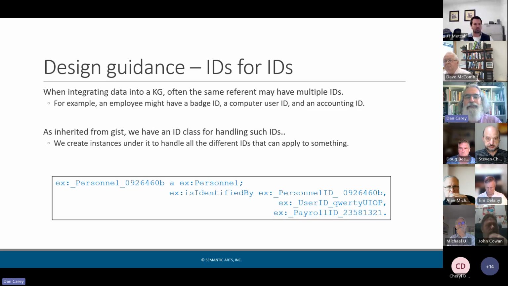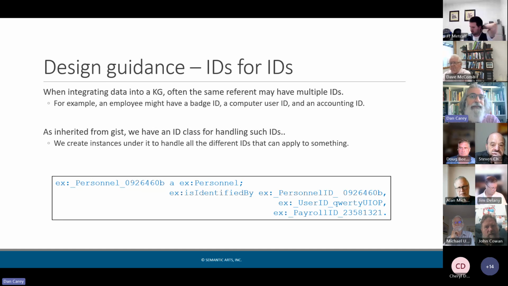So in this example here, this employee is identified by these three different identifiers, and then within the knowledge graph we would have additional triples giving more information about each of those IDs, including what system it might have come from, what organization is responsible for allocating those IDs.